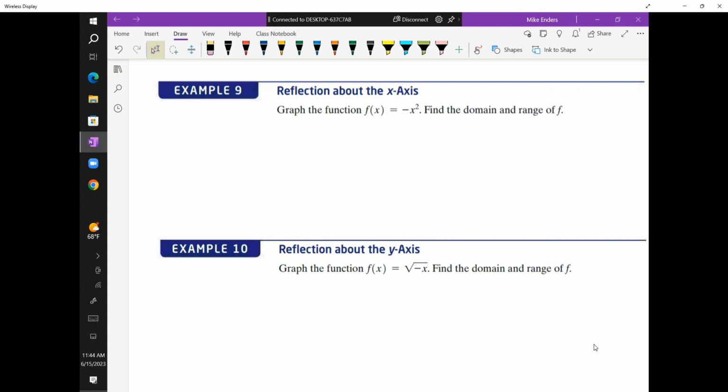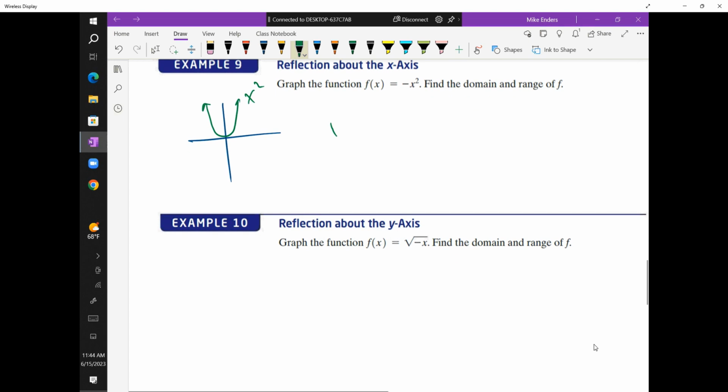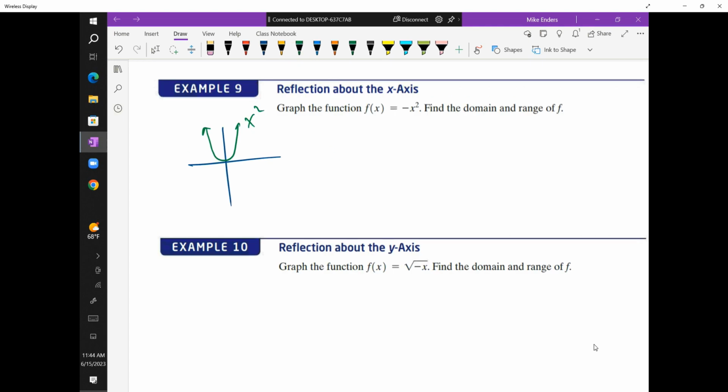Let's reflect over the x-axis and reflect over the y-axis. If I have a function, f of x equals negative of x squared, let's go ahead and graph that, find the domain and range. So if I just have my normal function here and I graph x squared, if I do my table of values, x and then x squared, -2, -1, 0, 1, 2, then we got 4, 1, 0, 1, 4.